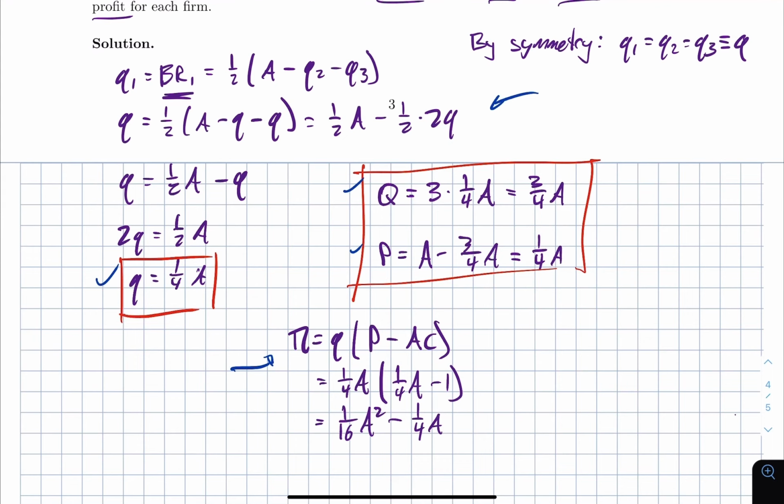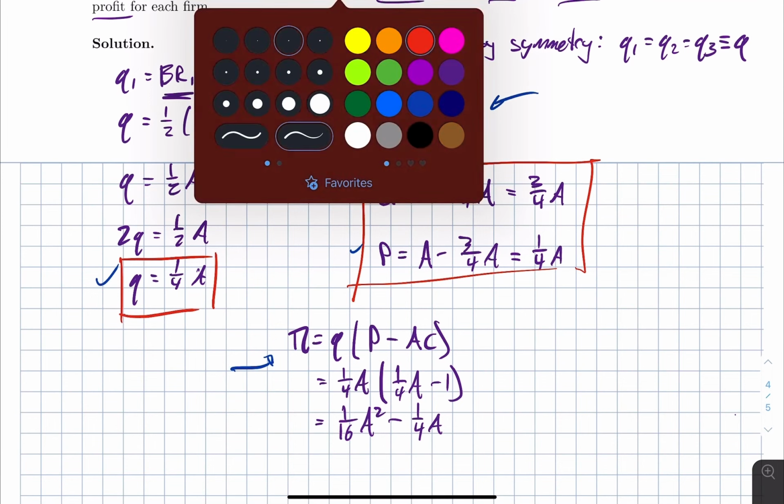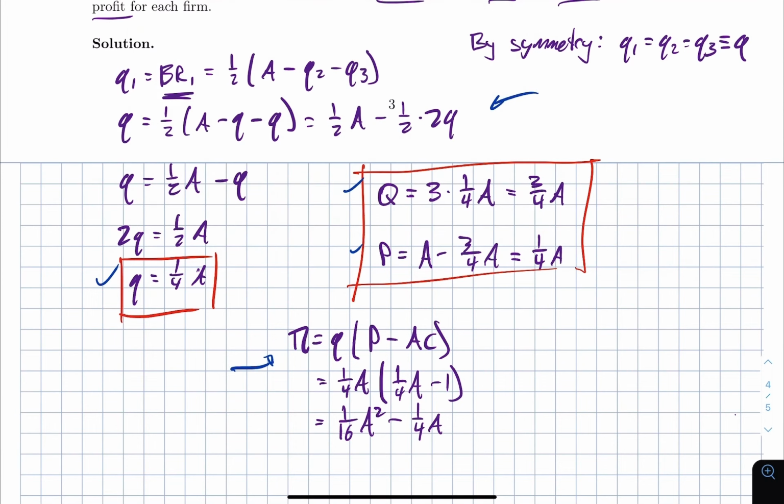So this is the profit. And maybe this is actually the better expression. It's really just an aesthetic preference. So that's profit.